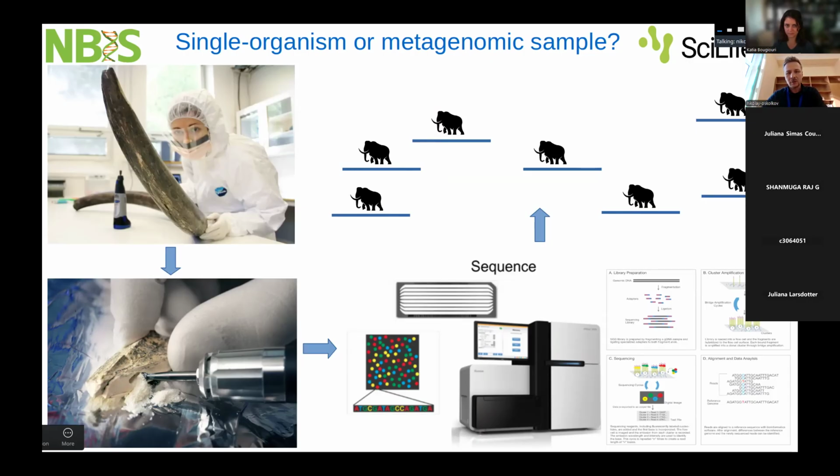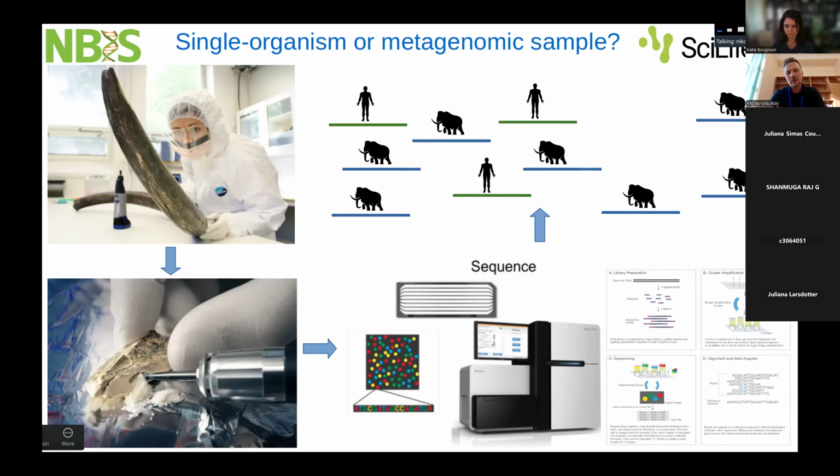Is it guaranteed that all these reads are actually coming from a single organism, which is a mammoth? Well, it's quite plausible that we humans, when we do the sequencing, can drop a little bit of our DNA, or even not on the sequencing step, but maybe during sample collection and so on.